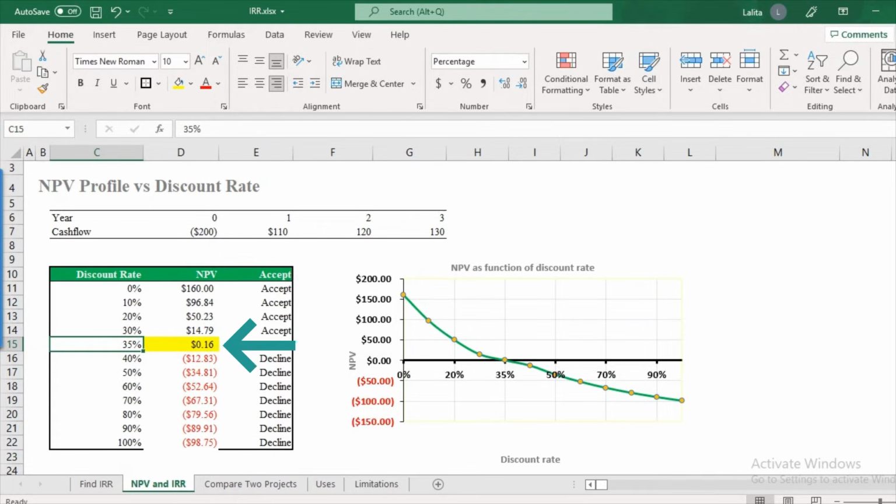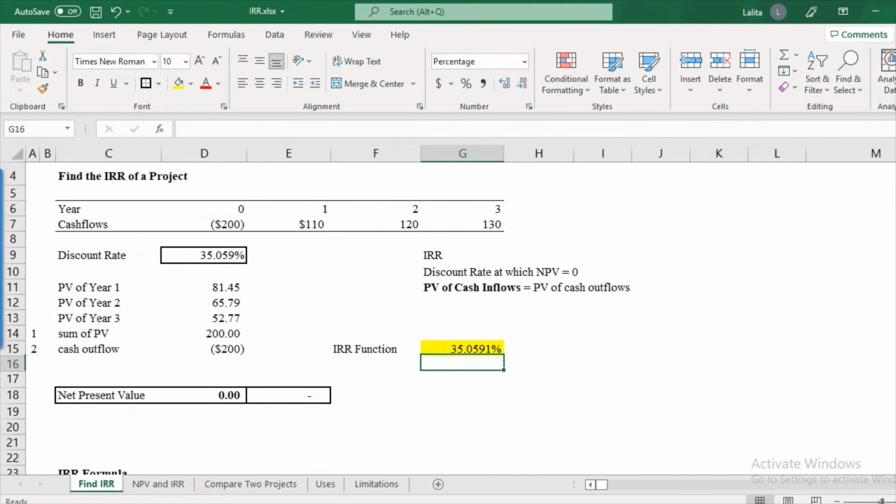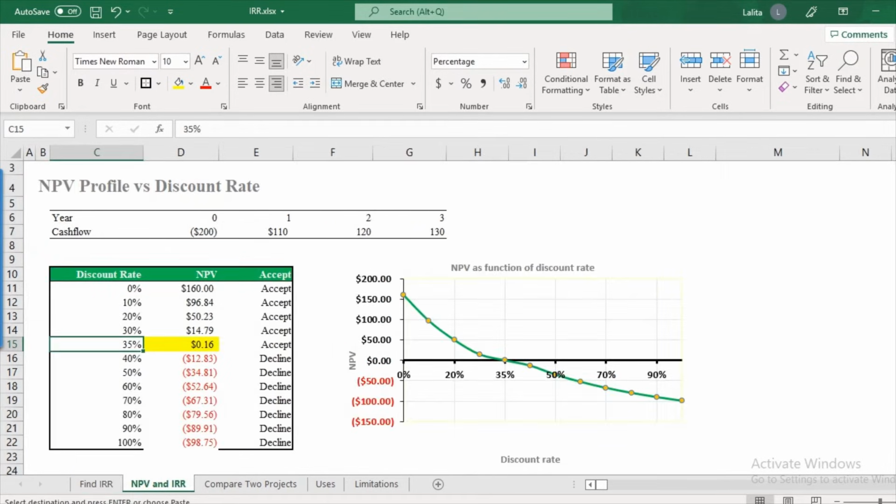All right, so for this exact project, we know what the IRR is. So let me try and put that IRR as well. Here I have put 35%, that's a rounded number. Let me now put the exact number, 35.0591%. Okay, so I'll do that.